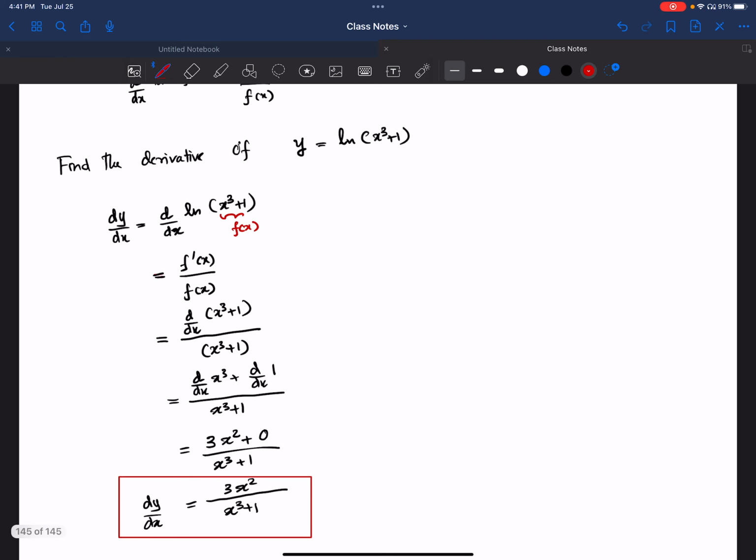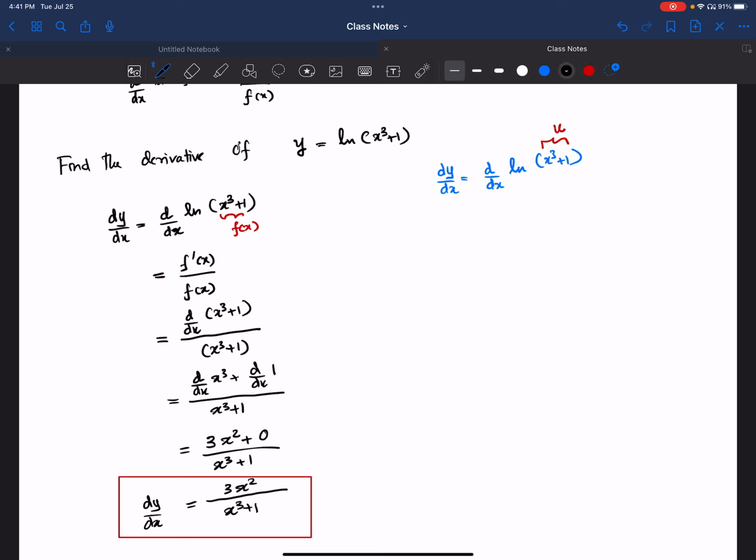And the alternative way is to directly apply the chain rule on this problem. Let's see how we're going to do it that way. I'll use another color for that. dy over dx is equal to d over dx natural log of x cubed plus 1. In this case, I'm going to take this as u.